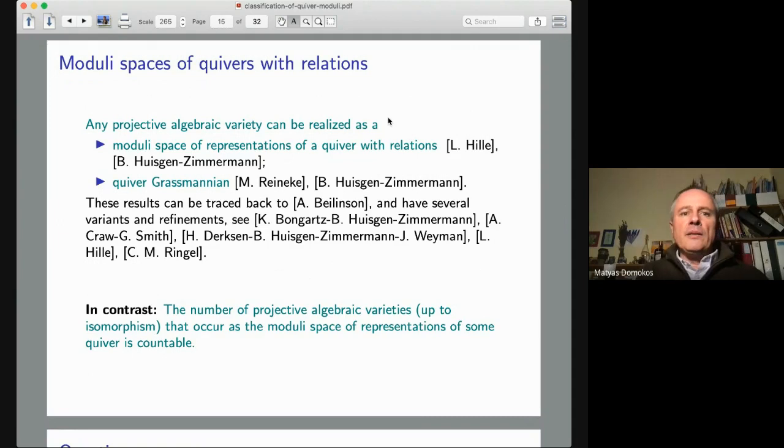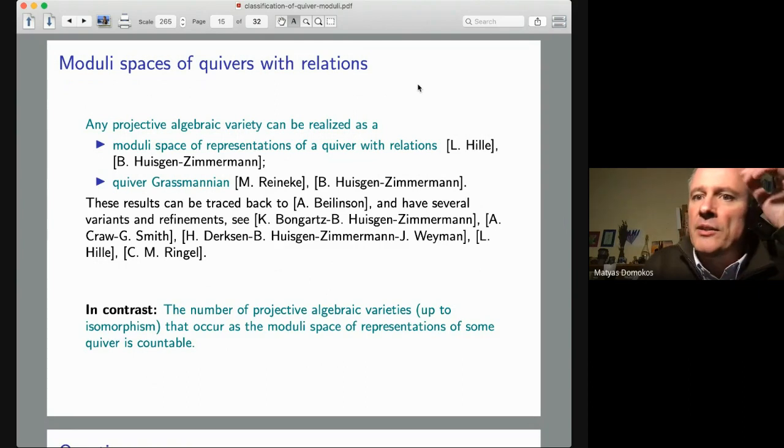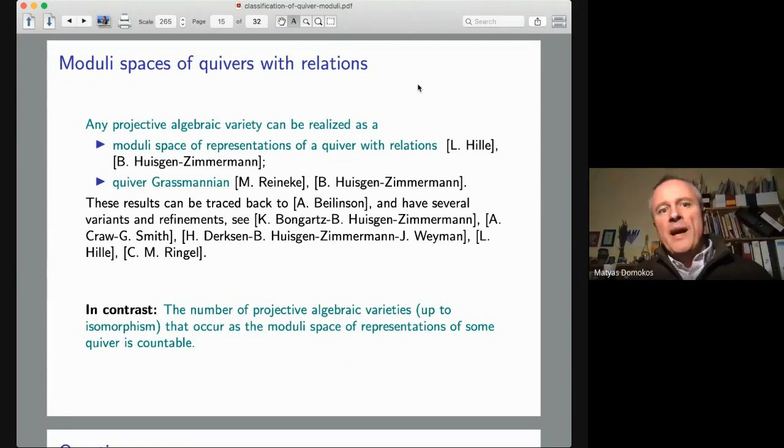This can be done in a more general context of quivers with relations, where we don't consider all representations of the quivers, but we specify certain relations. So the relations are certain linear combinations of paths that should give 0.